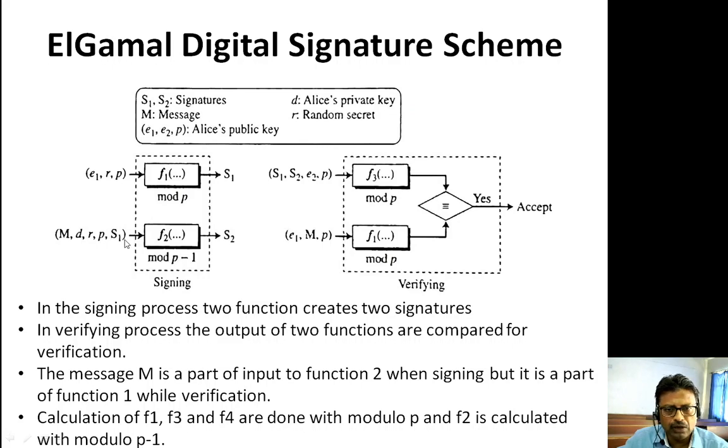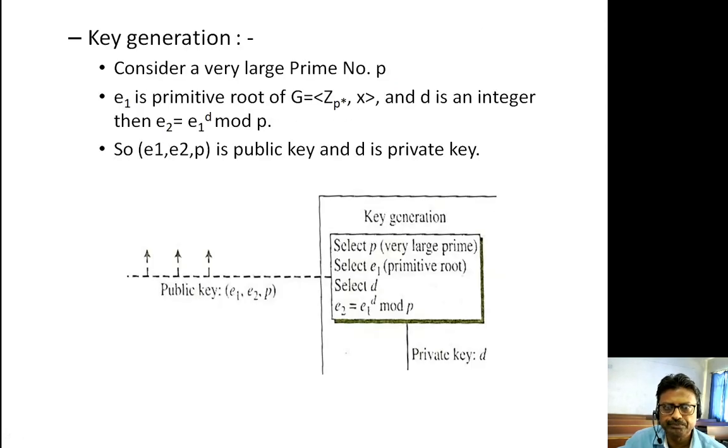The calculation of F1, F3 and F4 is done with modulus P, but the function F2 is calculated with modulus P minus 1. So let us see how it works.